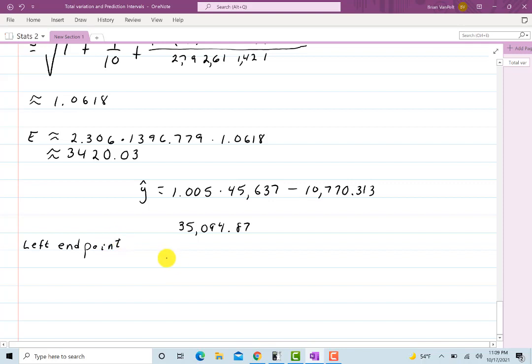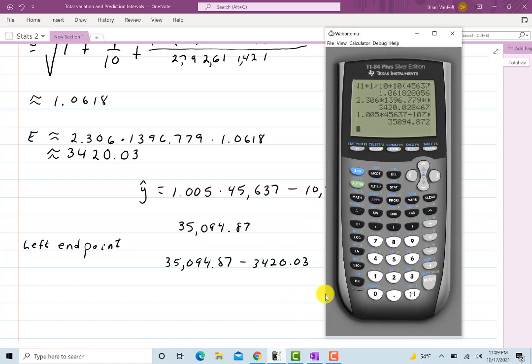We are going to have 35094.87 minus 3420.03, which is $31,674.84.